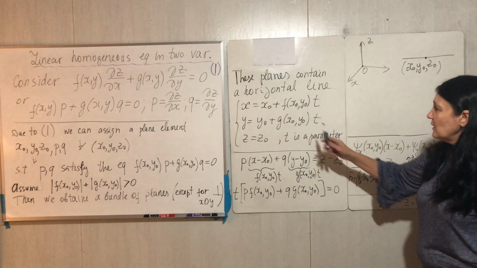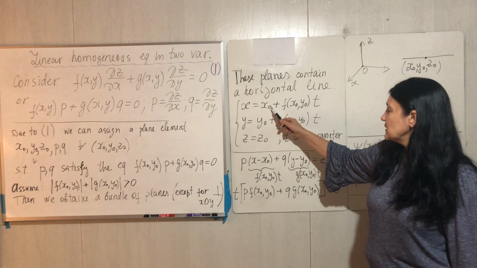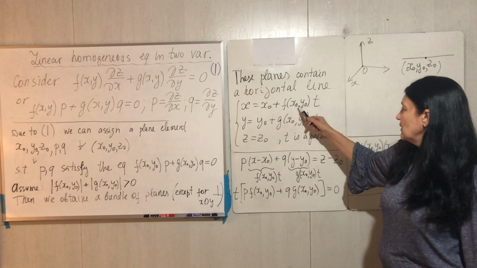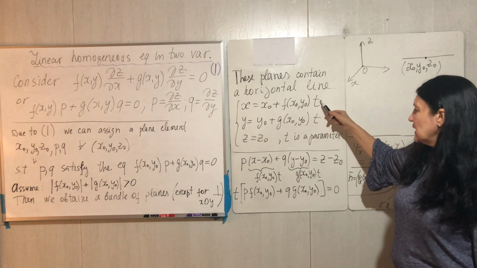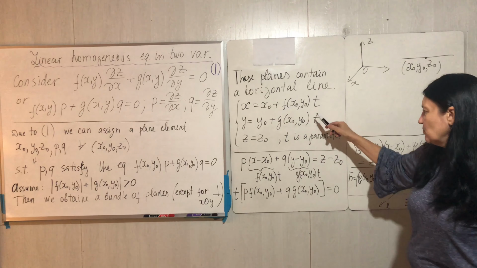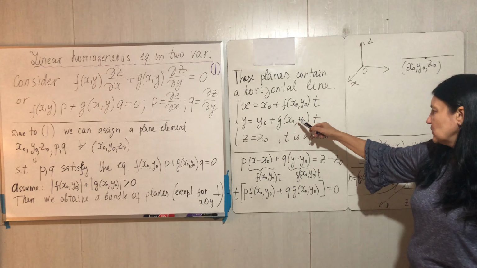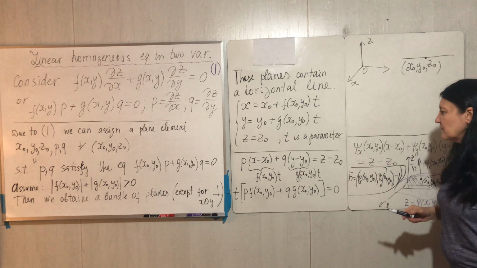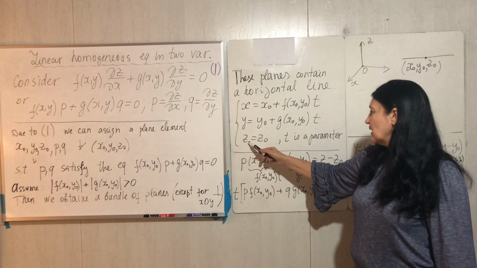And then I replace x minus x0 with f at the point times t, and y minus y0 with g at the point x0, y0 times t, and I plug in z0 for z.